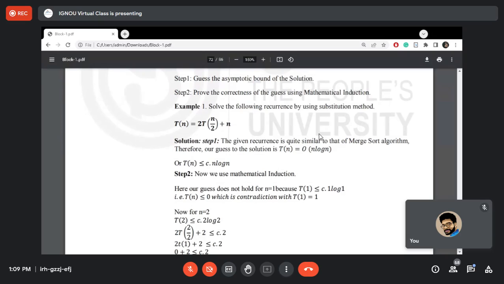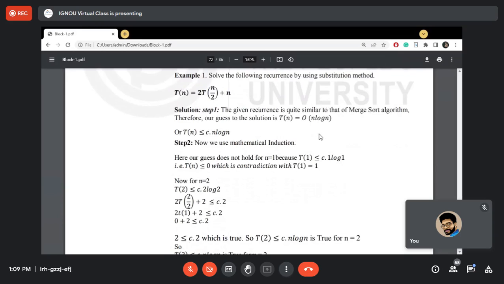What is the value of log base 2 of 1? Zero. So here you have to put the value log base 2 of 1, that is equal to 0.